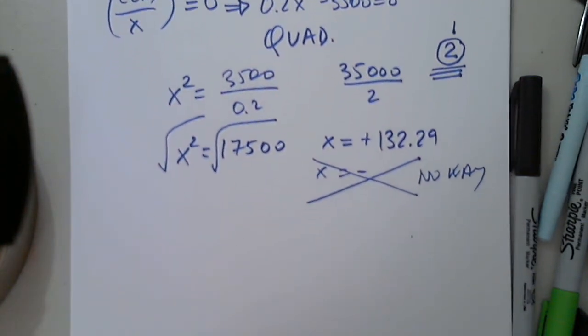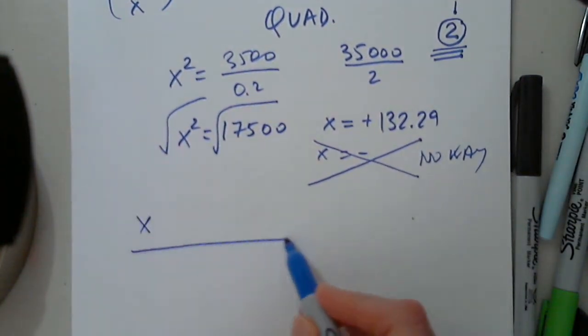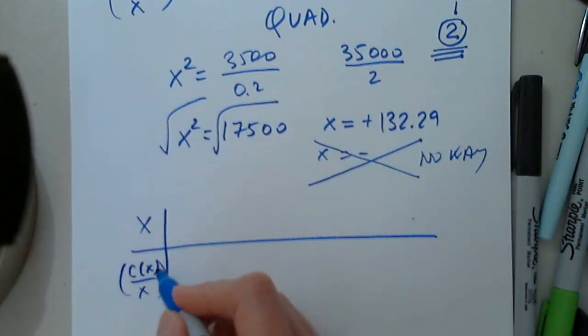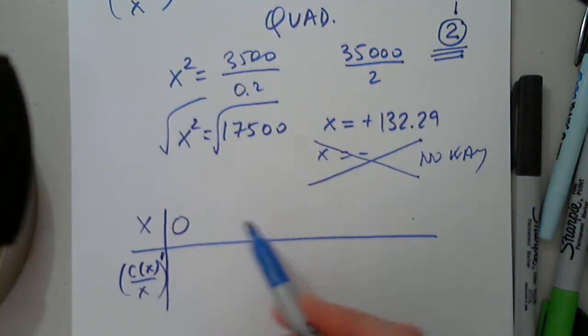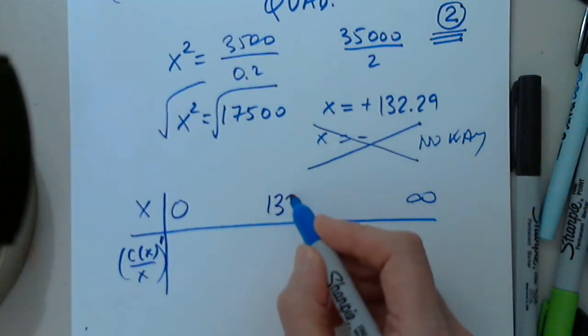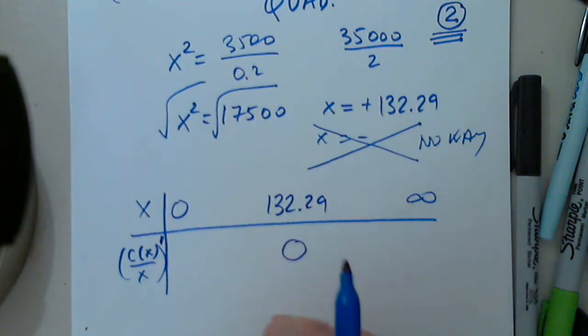So then, the next step, x, C of x over x prime. Of course, 0 to infinity. Well, not infinity, you know what I mean. So 132.29, and this is 0 here.